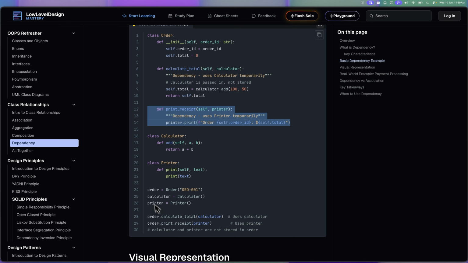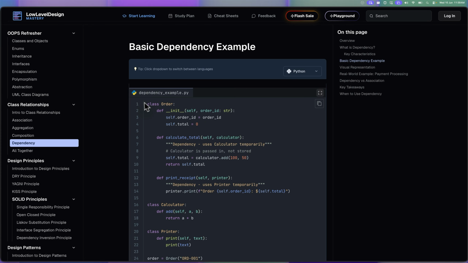We created an instance of the Order class, and Calculator and Printer as usual, and when you call order.calculateTotal, you pass the calculator, and the same for the printer. Calculator and Printer are not stored in the Order class. So whenever we want, we use it and then we release it.